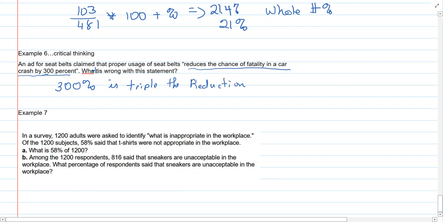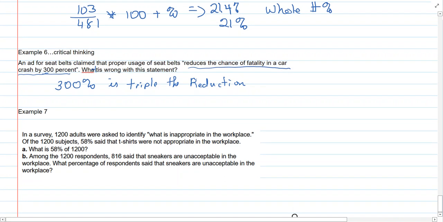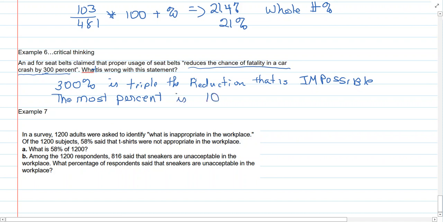There's only a set number of fatalities in cars. And that's impossible. The most percent is 100% for certainty. So this does not make sense.